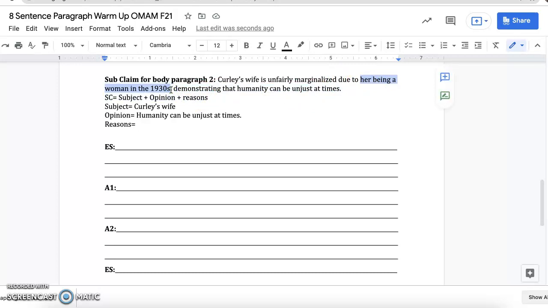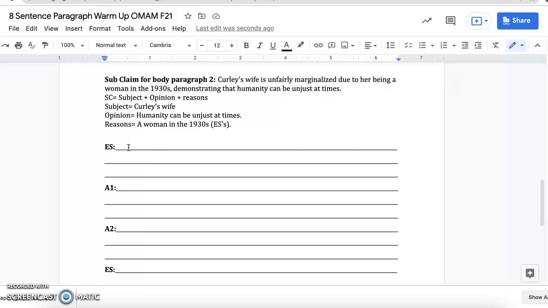So both of our ESs need to reflect that she's treated a specific way or she's marginalized because of her gender. So we're going to write that as the reasons. And we'll put ESs next to it because, again, the ESs should reflect the reasons that you put in your subclaim.